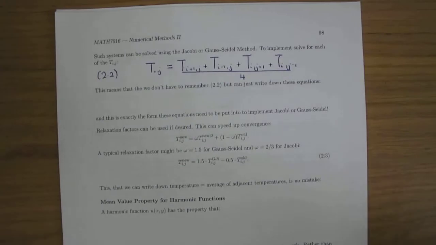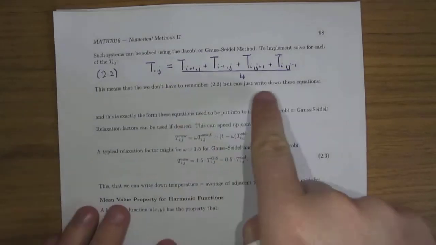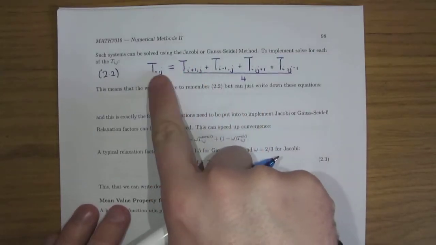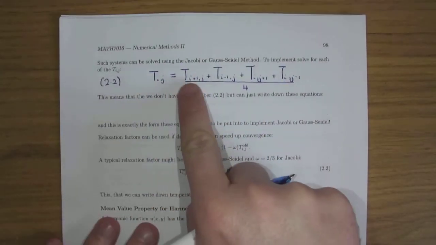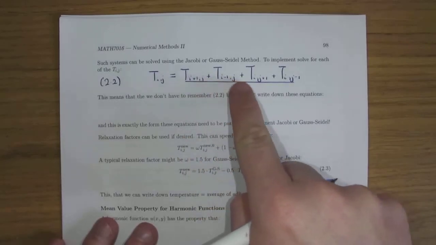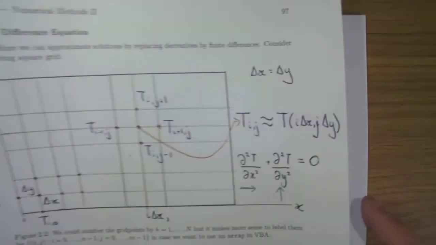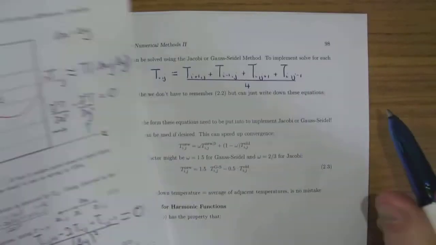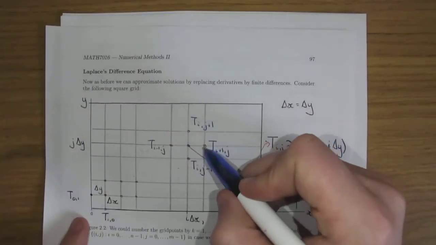Now this means that you don't actually have to remember 2.2. You don't actually have to derive 2.2. You can just write down these equations, because look at what this is: the temperature at a point. Now let's look at these temperatures on the grid. It's saying the temperature at this point, those 4 temperatures are the ones around it.